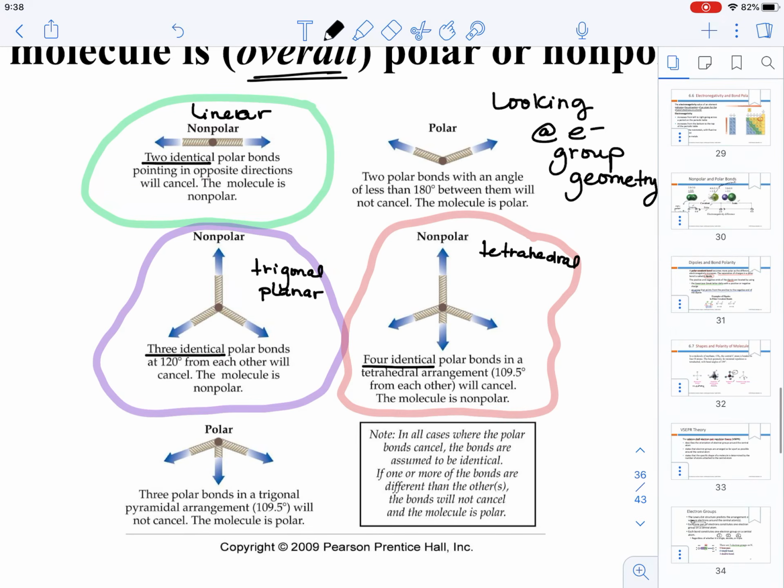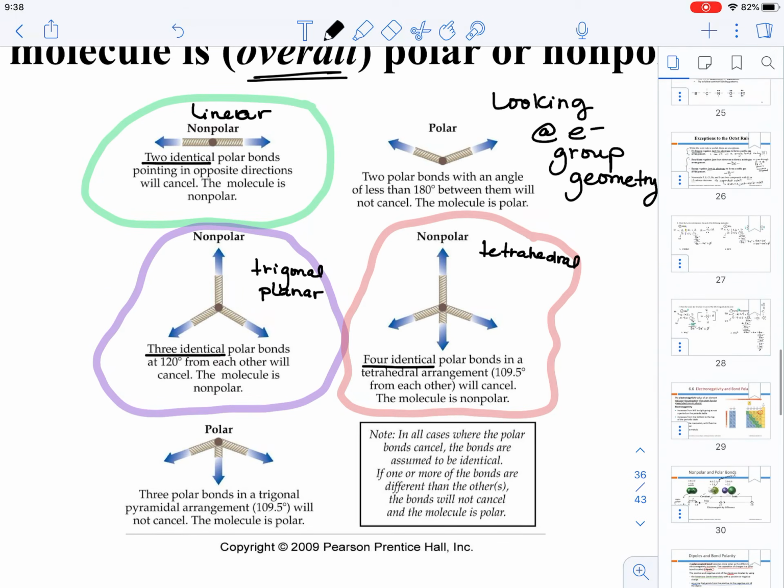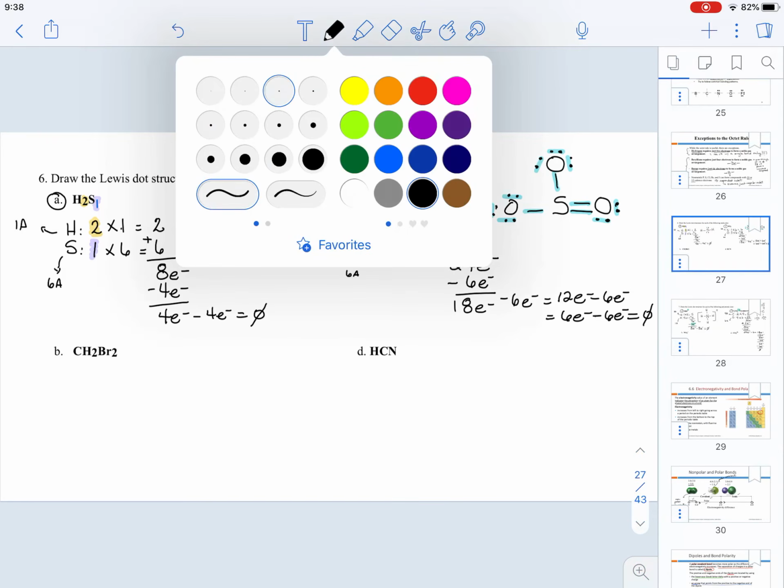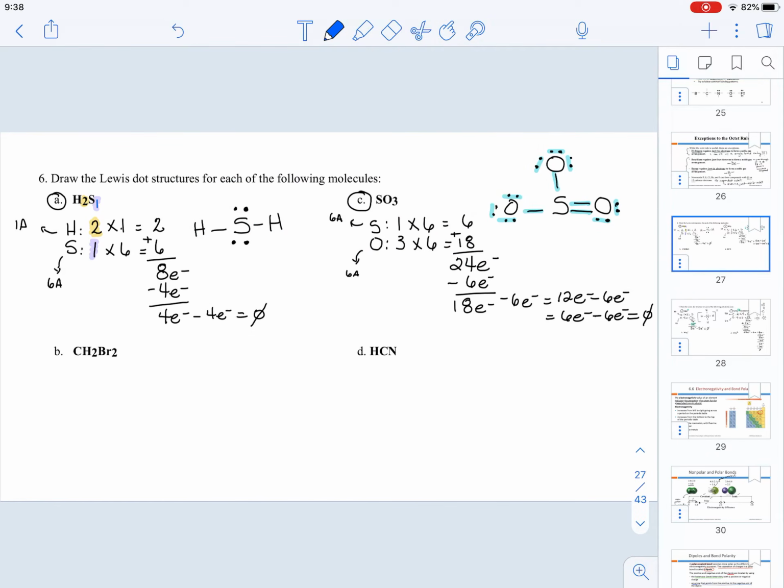So going back to the first example where we built our Lewis structures, as you can see, that H2S molecule, if I determine its electron group geometry, this is going to be tetrahedral because it has 4 electron groups.